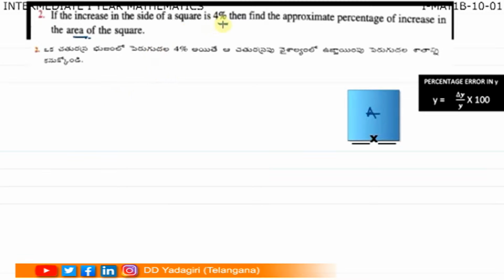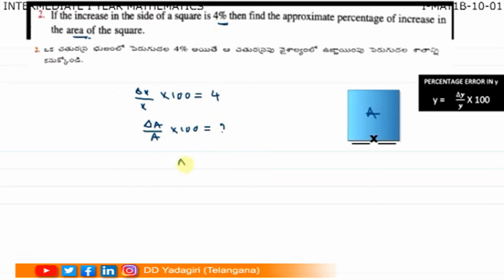Percentage error in the side is given by the formula delta x by x into 100, which is given as 4%. Now what we have to find? Percentage error in the area, that means delta A by A into 100 is equal to how much? This is the question.